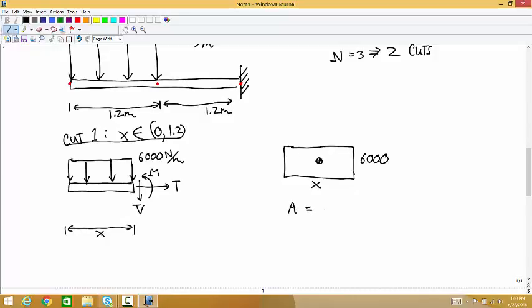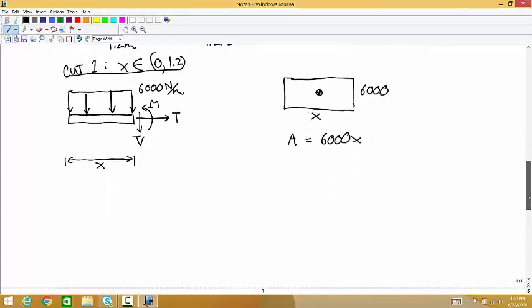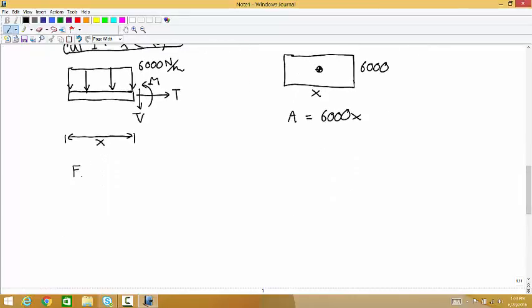And so the total force is 6,000x. So I'll redraw that free body diagram. Now that I've chosen the body to isolate, I've chosen this piece to isolate, I can treat the distributed load as a point force. So we have a downward force of 6,000x acting right in the middle. So this distance is x over 2.